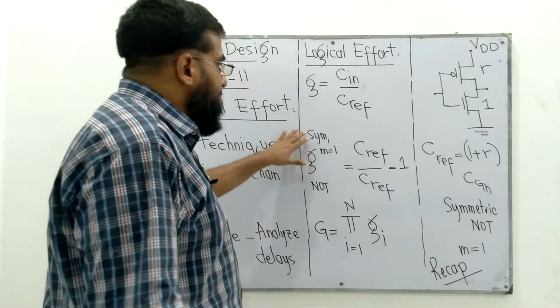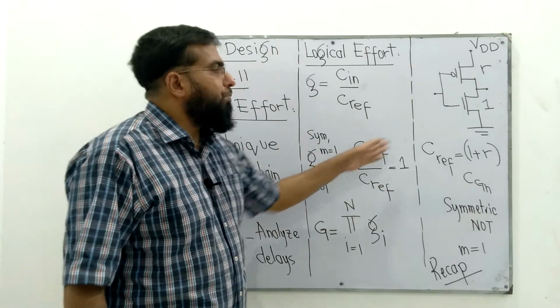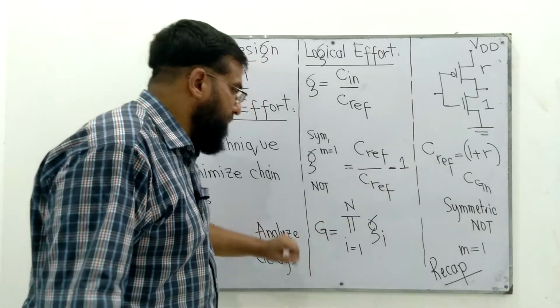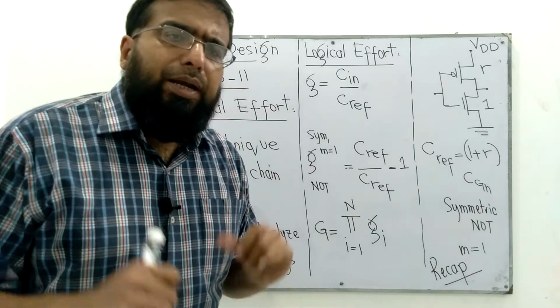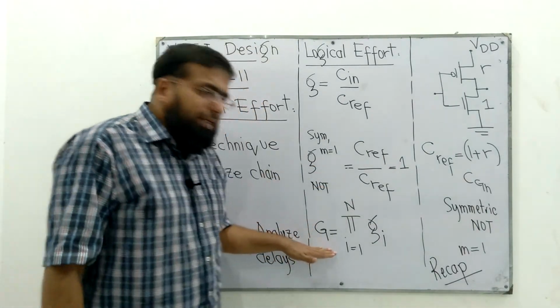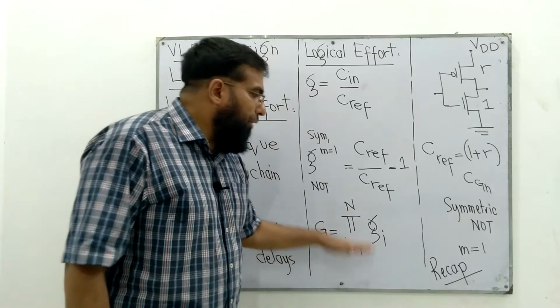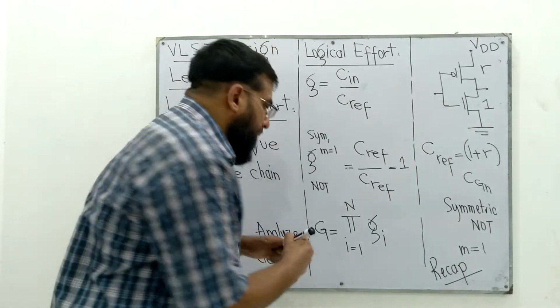For a symmetric node with M equal to 1, g would of course be 1, because the input capacitance would be the same as this reference gate. But for different gates, in our upcoming lectures we'll see that for NAND and NOR and other combinations we'll have different g's. Whereas for a chain, G is the product of the individual g's.